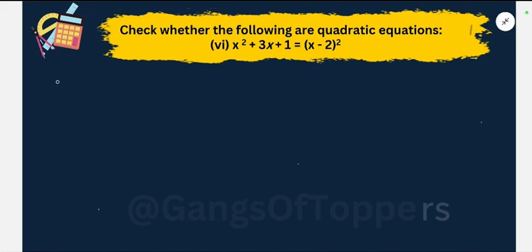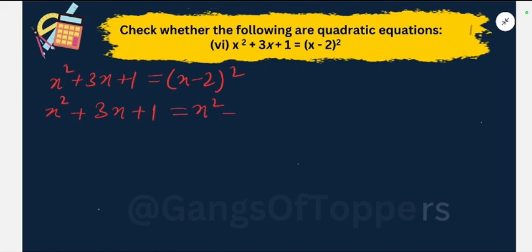The question is x square plus 3x plus 1 equals to (x minus 2) whole square. Now it becomes x square plus 3x plus 1 equals to x square plus 4 minus 4x.